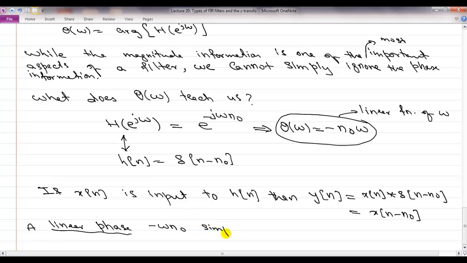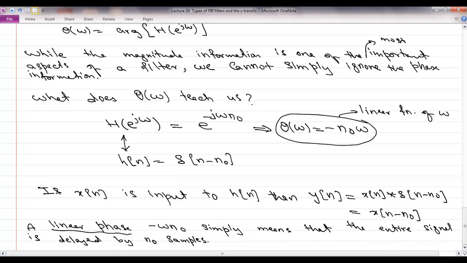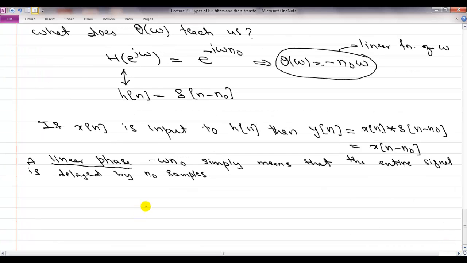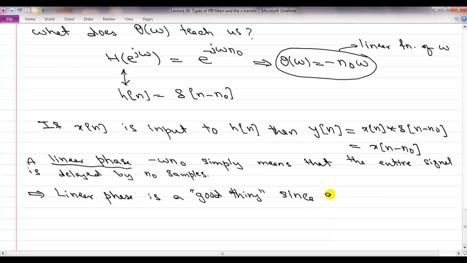Simply means that the entire signal is delayed by n naught samples. Now, linear phase is a good thing since all frequencies are delayed by the same amount.